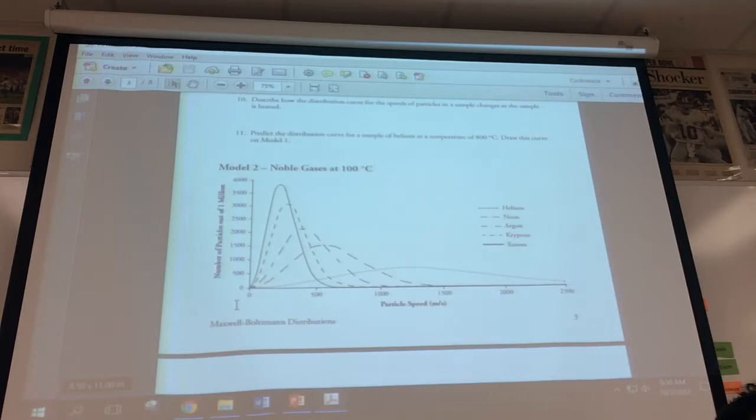We said temperature has an effect, as does molar mass. Take a look at this one. Why do more particles of xenon have a lower particle speed than those of helium? Because they have a greater molar mass. They move slower.